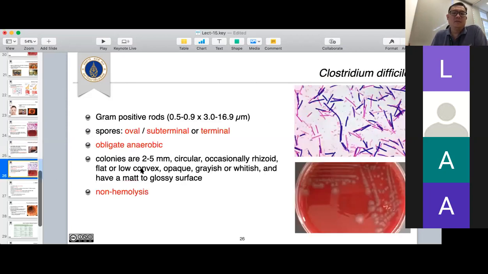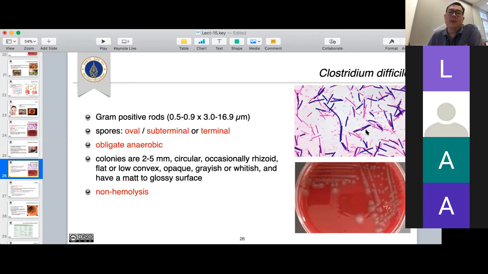The last one, Clostridium difficile. The cell is quite long compared to perfringens. Spore present in subterminal and terminal. It depends, but you cannot see spore easily.